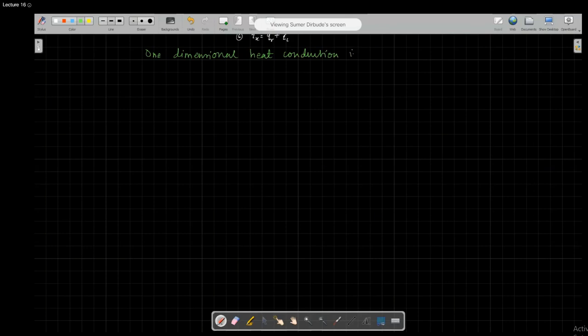In a rectangular domain. So we consider a rectangular fin as our example.